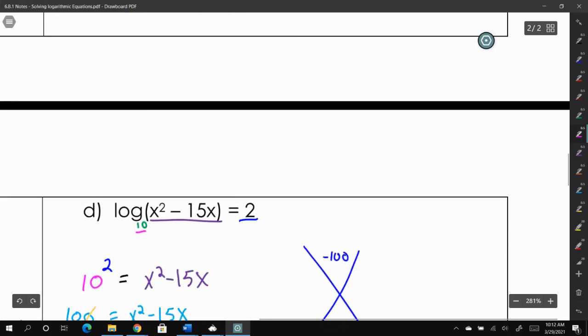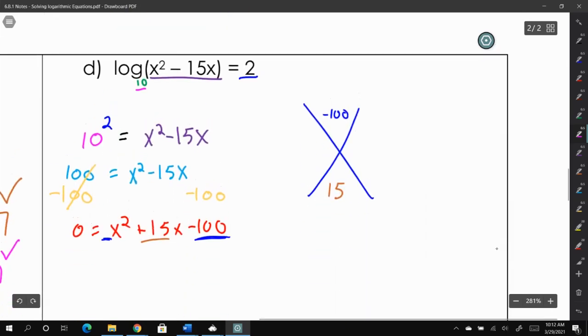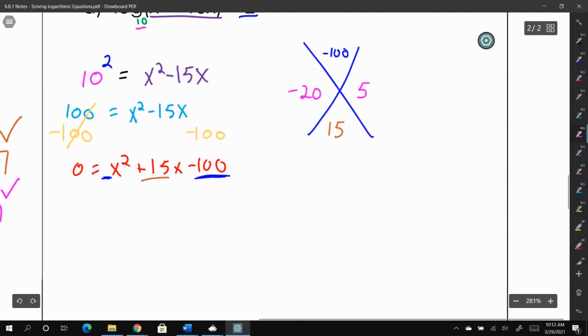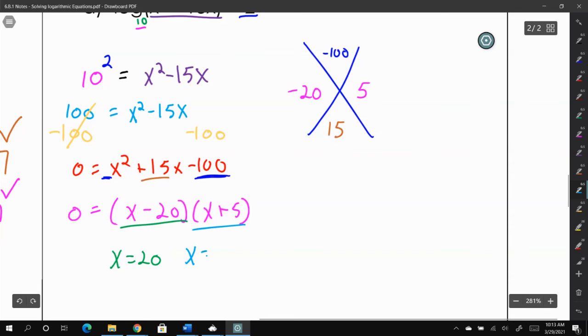So those two numbers are going to be negative 20 and positive 5. So then we'll get 0 equals x minus 20 times x plus 5. So we get x equals 20. x equals negative 5.